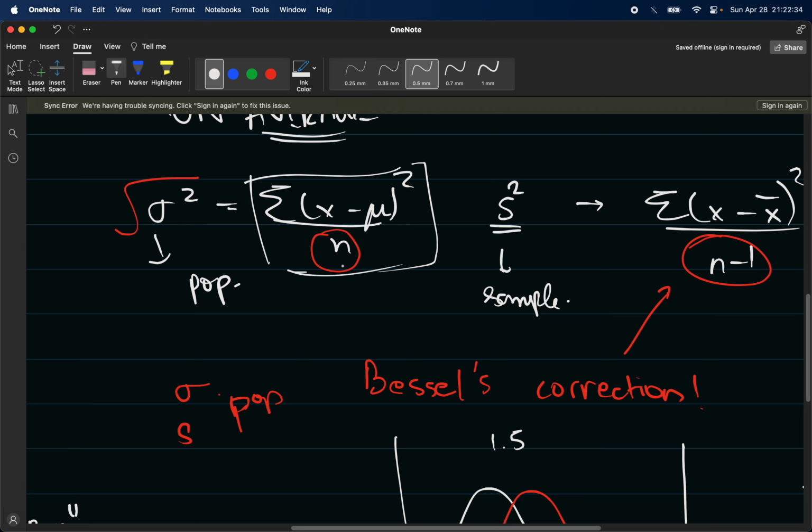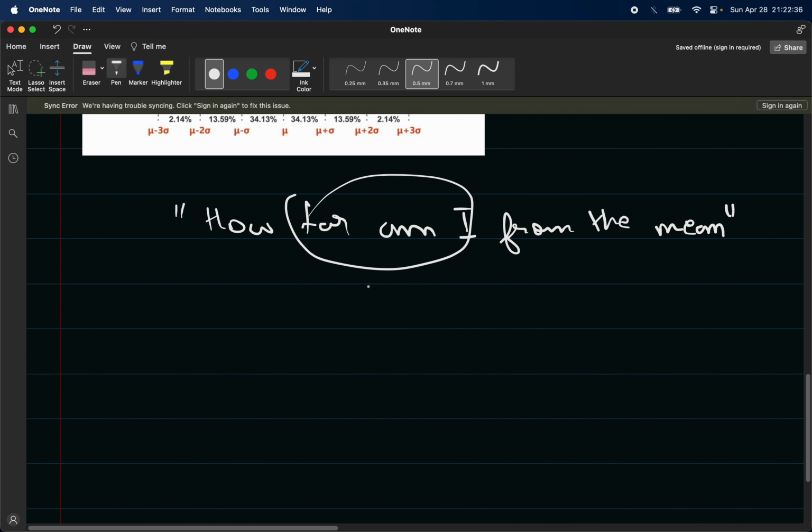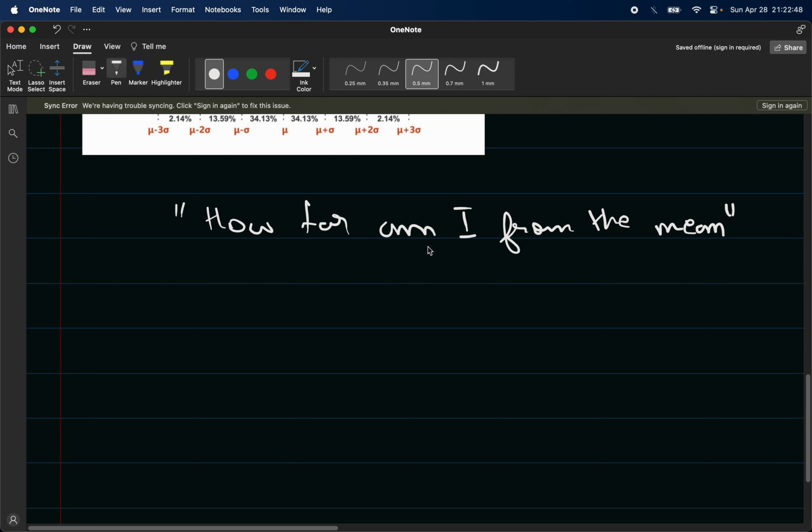So what they did was, this is the standard deviation. I mean, it's not the standard deviation, but it's saying, we can reword it, how many standard deviations am I from the mean?